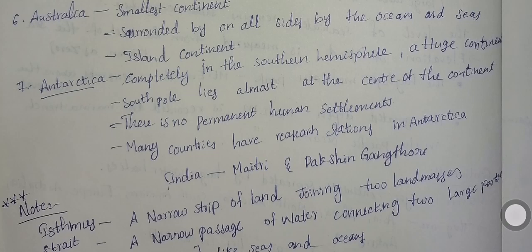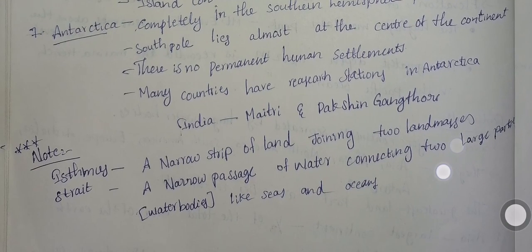But here we don't have permanent human settlements because the life conditions are not suitable due to the coldness of this continent. It is covered by snow. Many countries have their research centers in Antarctica. India has two research centers, that is Maitri and Dakshin Gangotri.